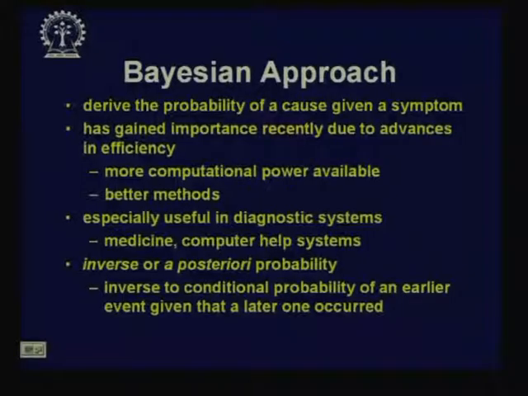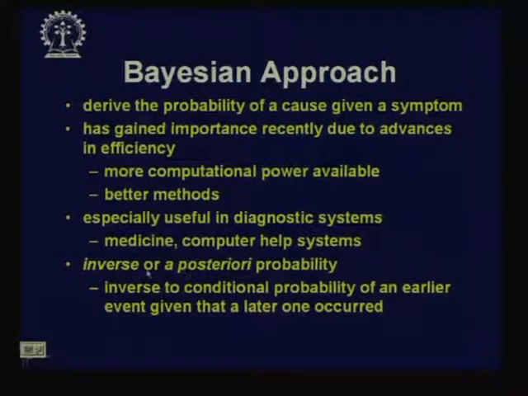So, with more computational power and better algorithmic methods available, the Bayesian approach is becoming more popular, very much in machine learning, information retrieval and language processing, etc. The Bayesian approach is especially useful in diagnostic systems like medicine and computer diagnosis, etc.